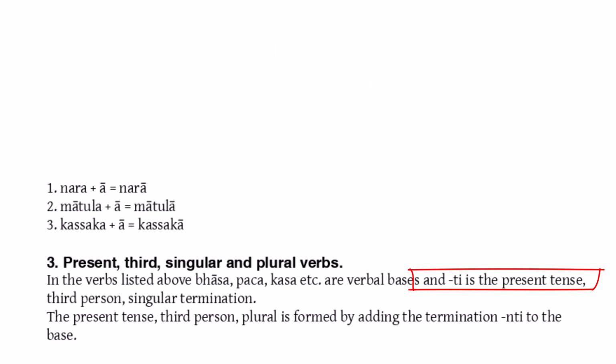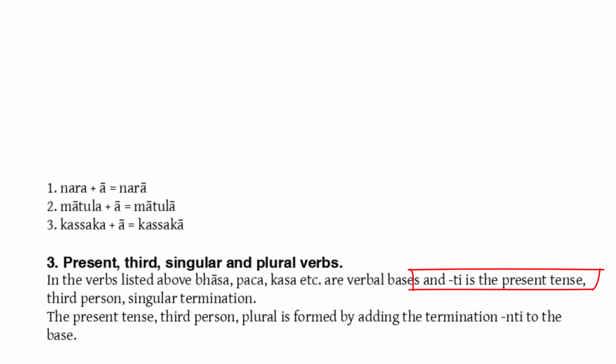Okay, now the present tense third person plural is formed by adding the ending anti to the base. So starting with the base basa, the plural becomes basanti. Or actually, let's go through the example she gives here on page 4.